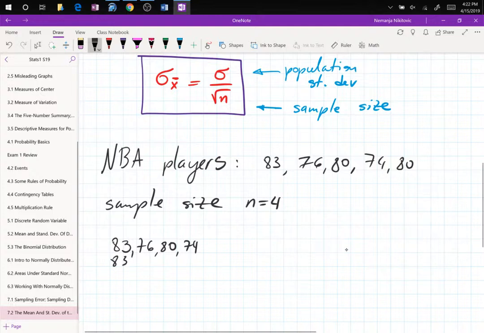And then 83, 76, 80, and another 80. And then 76, 80, 74, and 80. And that's it. We can't find any more.